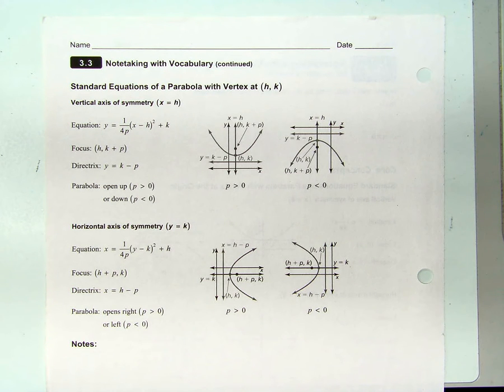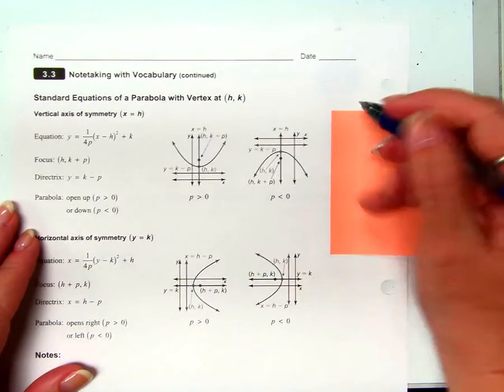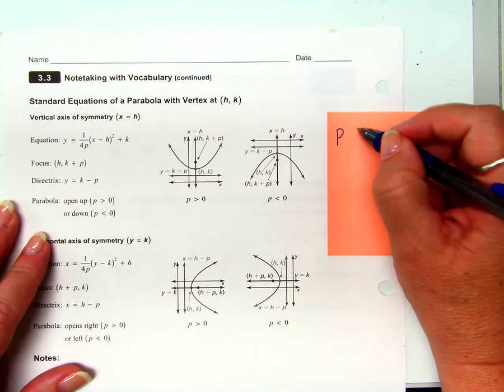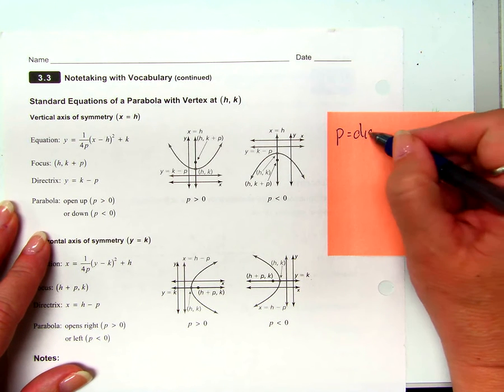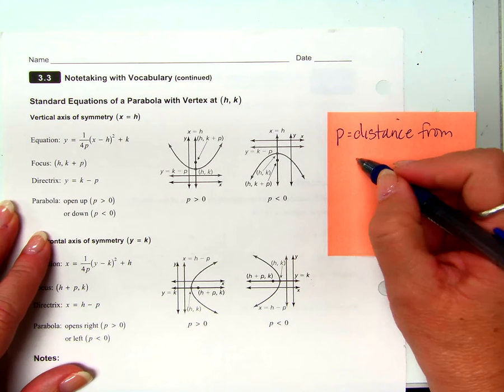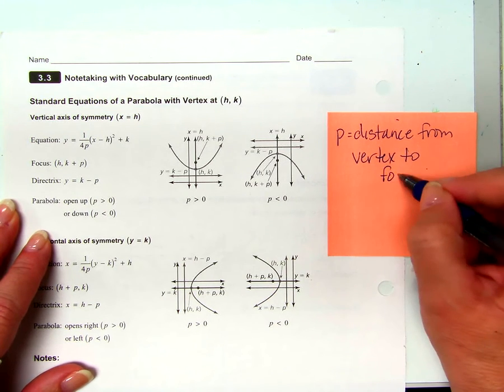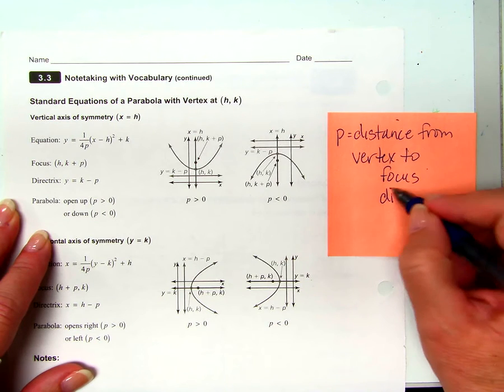P is a distance from the vertex to either the focus or directrix. It's the same distance, so that's why I'm saying either. P is the distance from the vertex to the focus or the directrix.